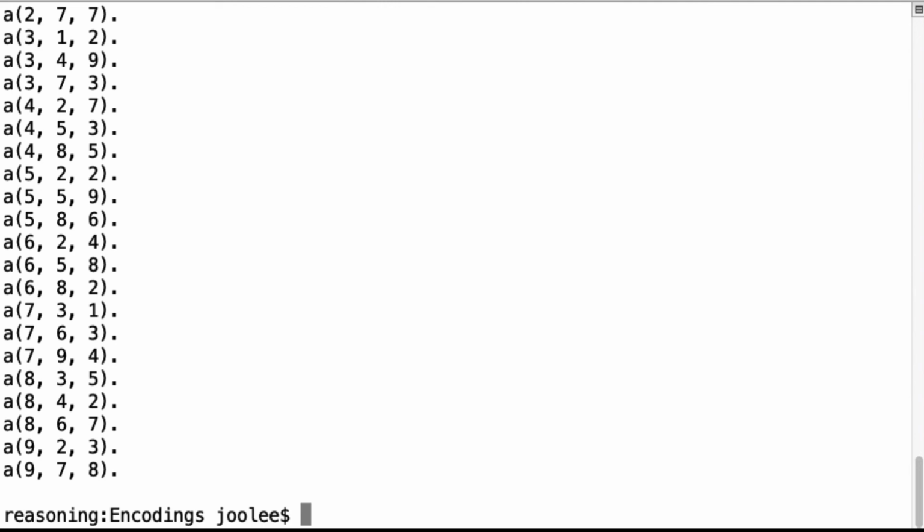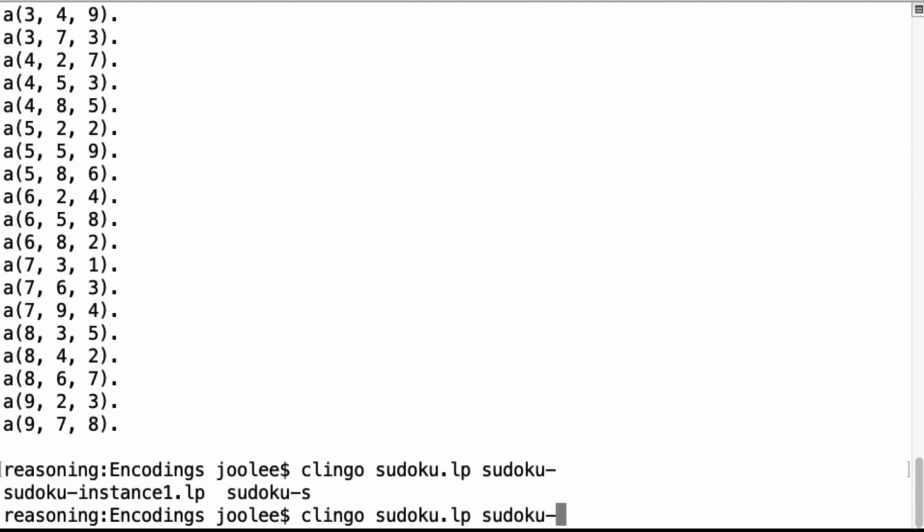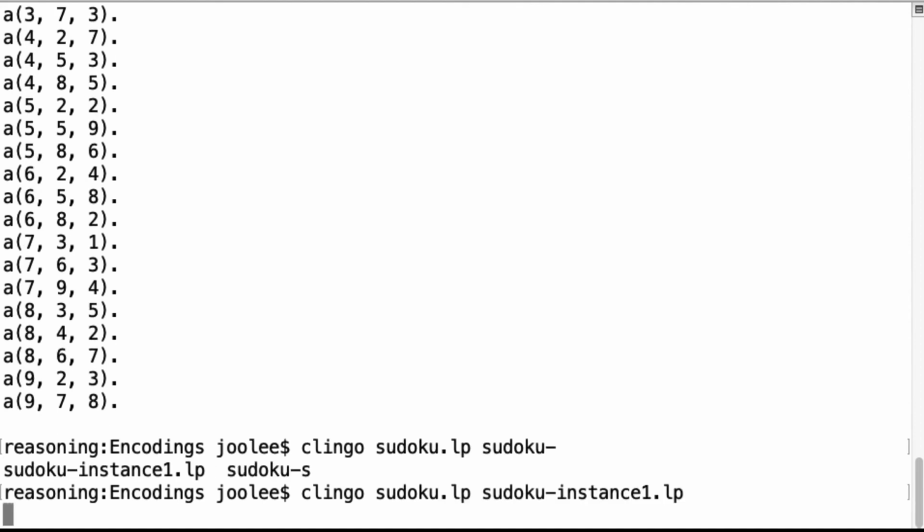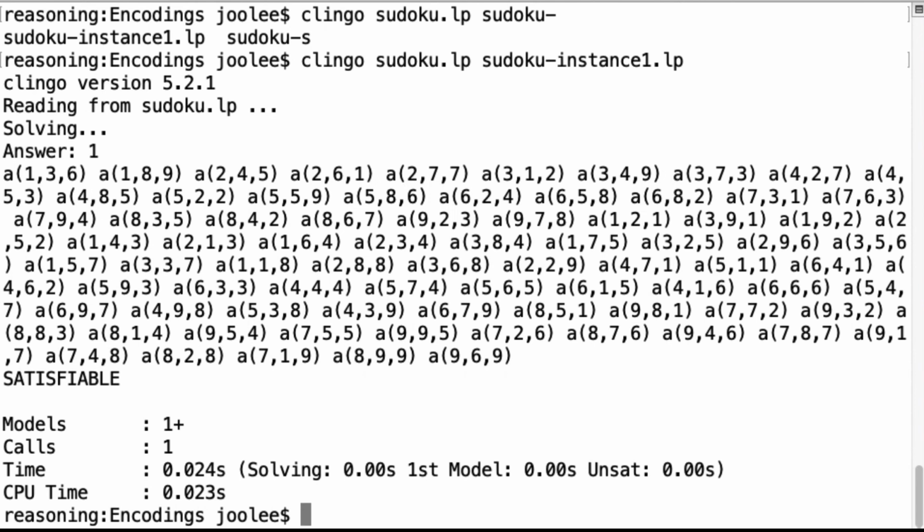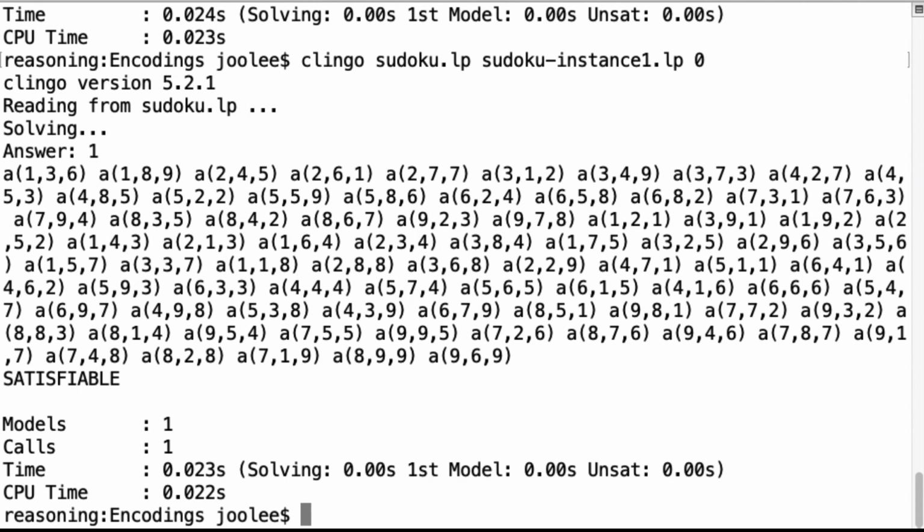How do we solve this problem? You give the rule Sudoku and also the Sudoku instance. Then you find the solution. It takes 0.024 seconds. If I ask to find all solutions, it's still the same because usually there is only one solution in Sudoku.